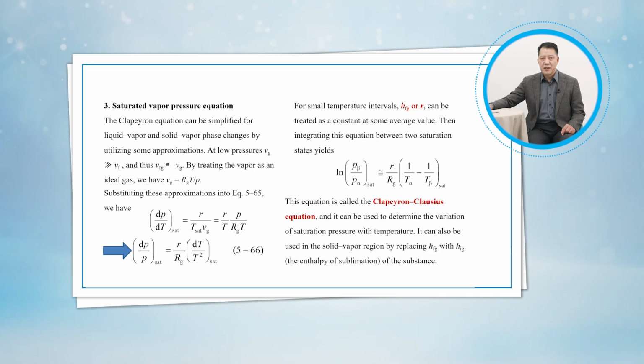This equation is called the Clapeyron-Clausius equation, and it can be used to determine the variation of saturation pressure with temperature. It can also be used in the solid-vapor region, by replacing the enthalpy of vaporization with the enthalpy of sublimation of the substance.